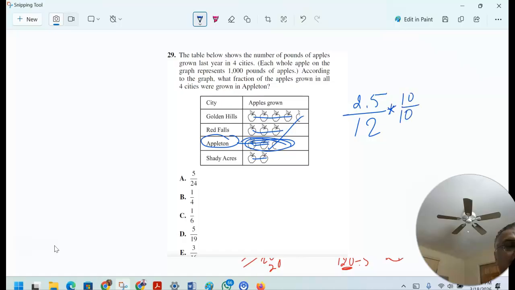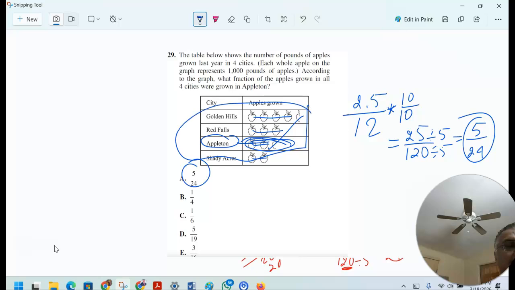This is another way to do it. So you get 25 divided by 120, and the rest is the same thing, dividing by 5. 5 goes 5 times into 25, and the other one is 24, so 5 over 24. This is the fastest way, instead of putting 4.5, then plus 3, and so on. You could also do a shortcut like this by counting. You get the answer.